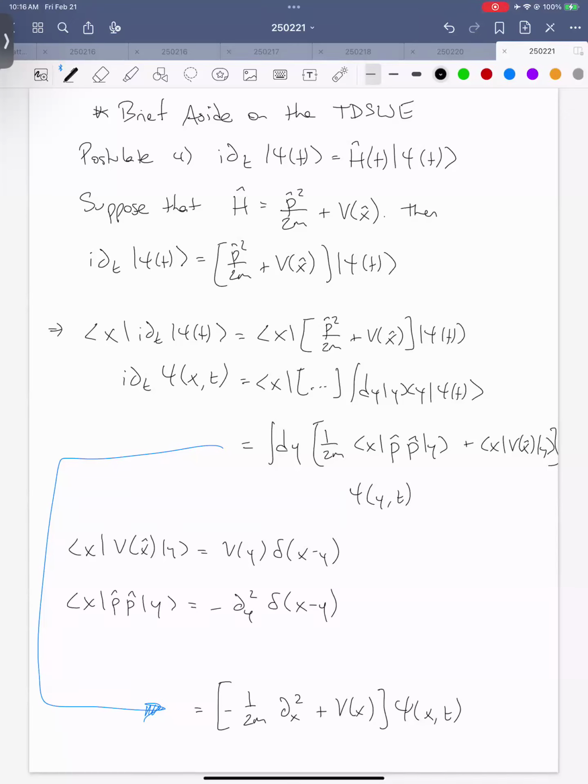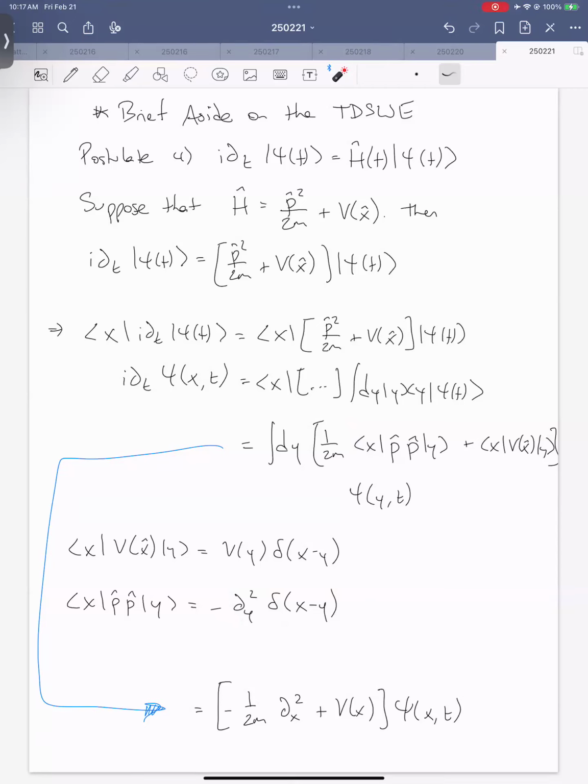Yes, please just give a verbal explanation again. So we integrate by parts. I'm replacing my matrix element of the p squared operator by minus the derivative with respect to y squared of the Dirac delta function. I don't know how to deal with this object, so I integrate by parts once, yielding a partial y of delta x minus y.